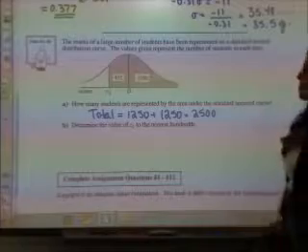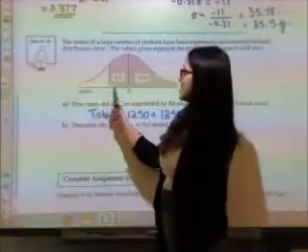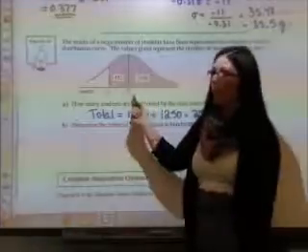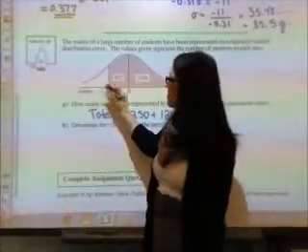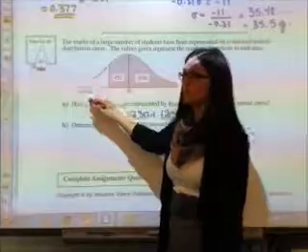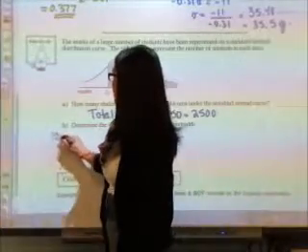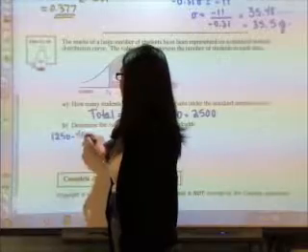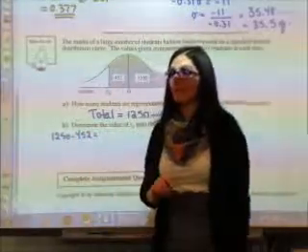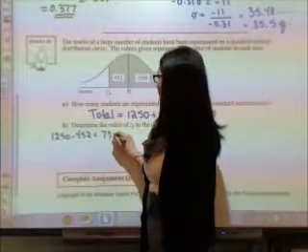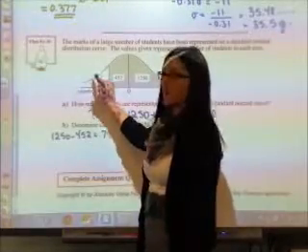So if I want to determine the value of this Z-score, what I want to do is I want to find out how many students are left over in here. You go 1,250 minus 42. Okay? And what would that give me? 798. So that's the number of students in this area.